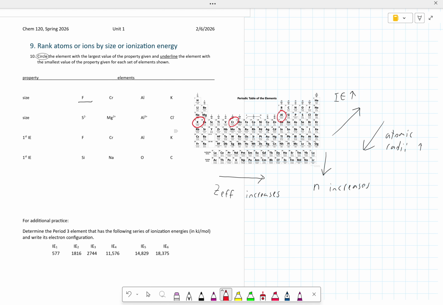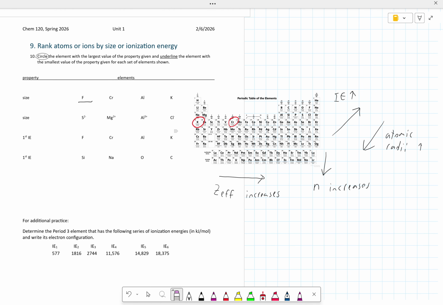Already I can see, well, aluminum has a valence electron that's in the 3p compared to the 3d or the 4s. So that one is out. And this is the 3d compared to the 4s. So we've got sort of that choice there. But then remember that Z effective increases as I go from left to right. So that effective nuclear charge that chromium feels is bigger than the effective nuclear charge that potassium feels.